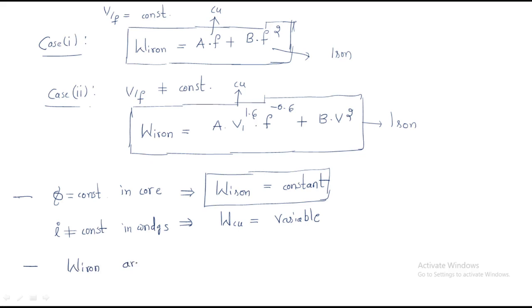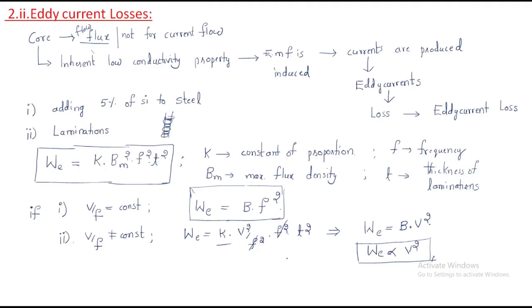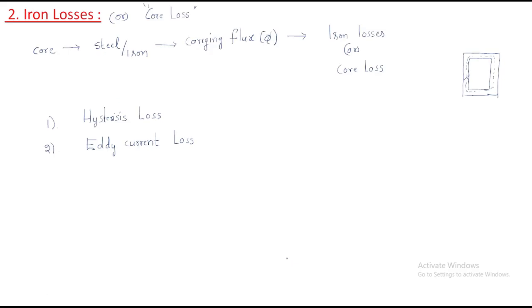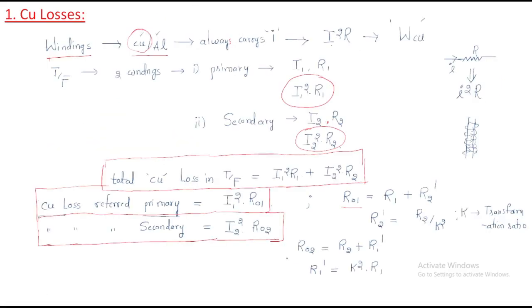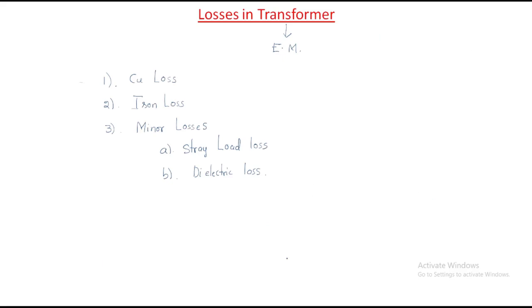Iron losses, that is core losses, are constant, and copper losses are variable.